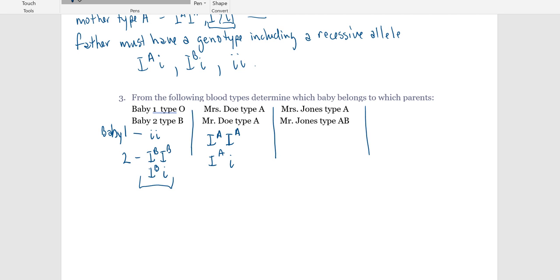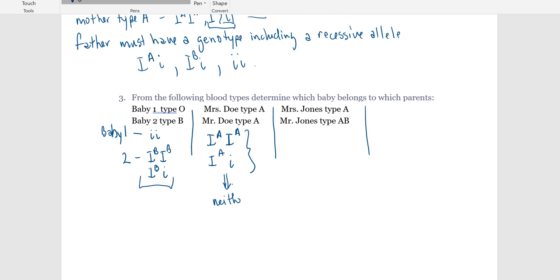So at this point, you're essentially done, and you could answer the question based on that, and that is simply there is no possible B allele to produce baby number two from Mr. and Mrs. Doe, right?